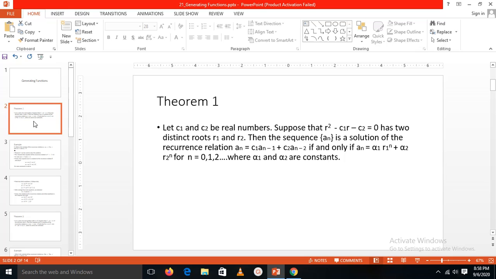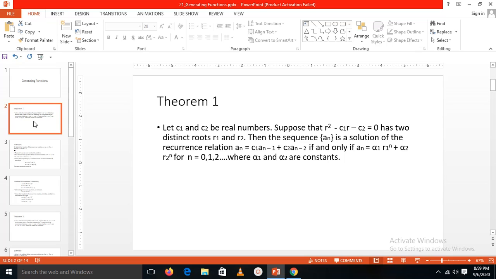Then the sequence a_n is a solution of the recurrence relation a_n equals C1 a_(n-1) plus C2 a_(n-2), if and only if a_n equals alpha 1 r1 raised to n plus alpha 2 r2 raised to n for n equals 0, 1, 2, and so on, where alpha 1 and alpha 2 are constants. So this is our first theorem about the recurrence relation.